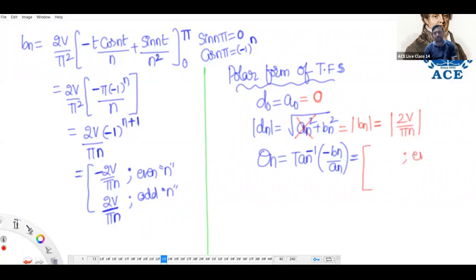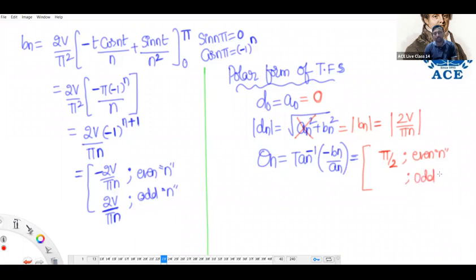What about the phase angle? For even harmonics, Bn is already negative, so overall it becomes positive, plus 90 degrees.